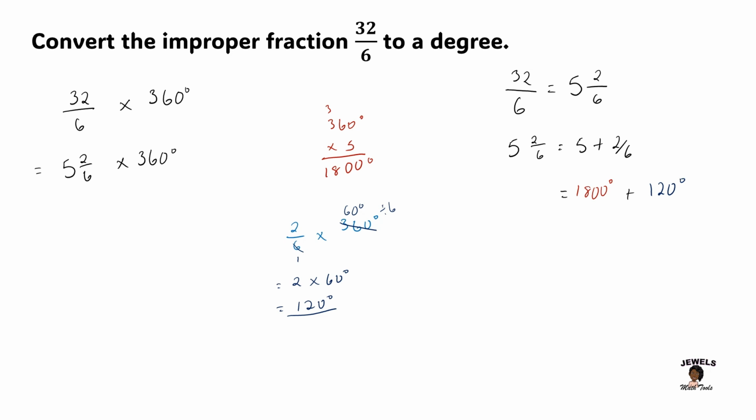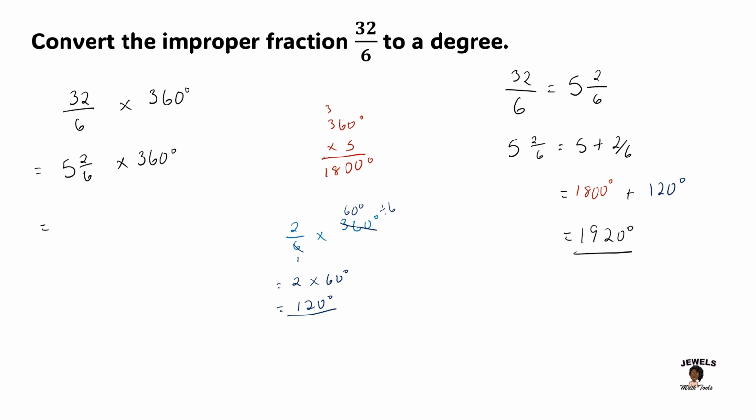And now since I have changed my 5 wholes and my 2/6 into degrees, I'm now going to add those two numbers together. So when adding my 1800 to my 120 degrees, I'm going to get 1920 degrees.